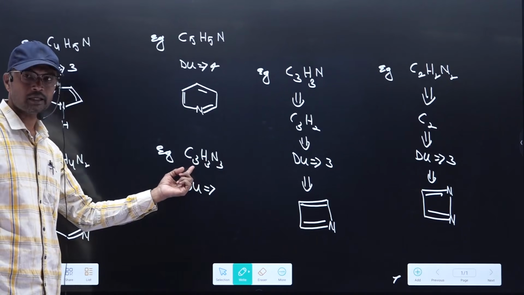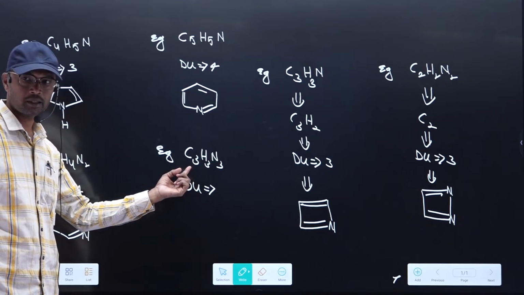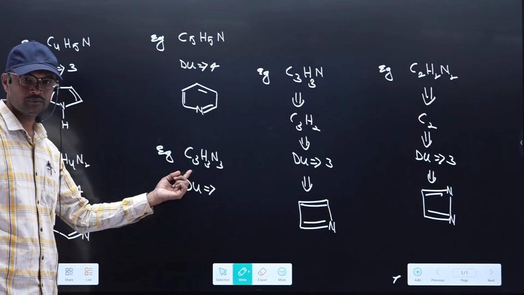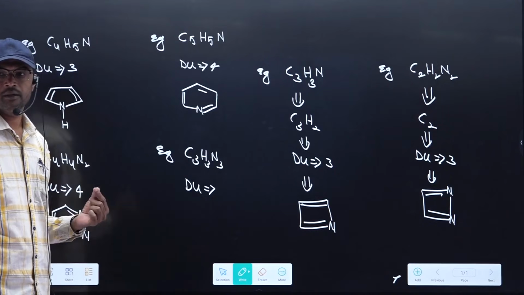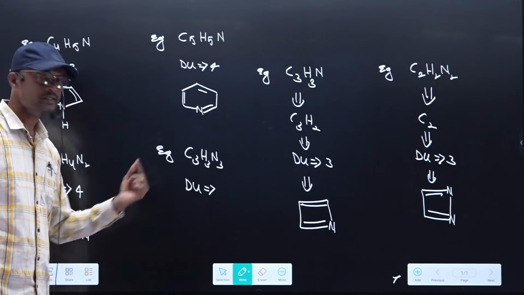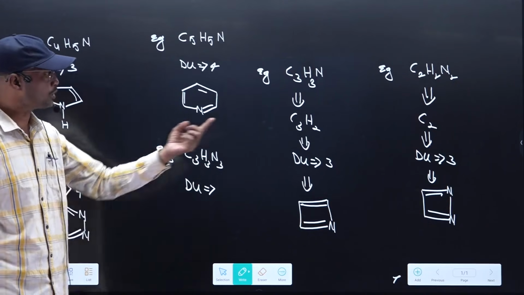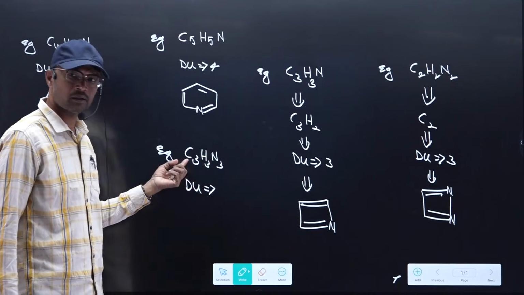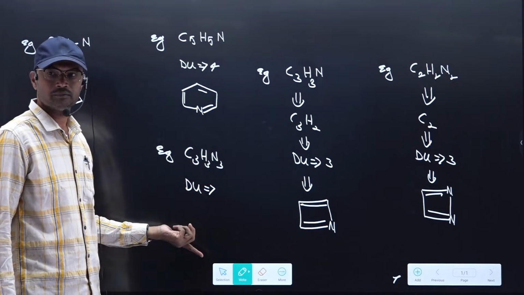You will get only C3. Double the carbon number, 6. 6 plus 2, 8. 8 by 2, 4. Don't add this 3, because you need to assume like this. See, if you assume like this, what is the formula? C3 only. That is the problem.